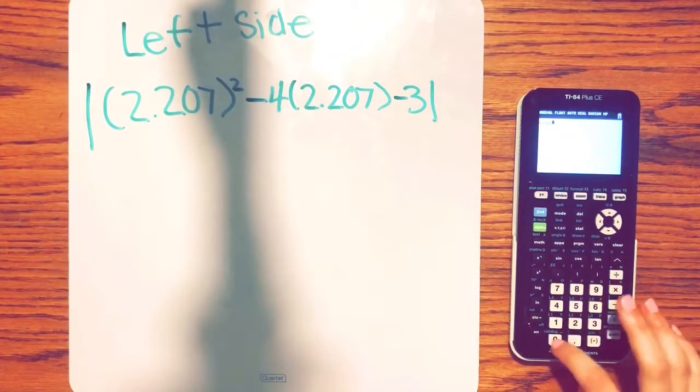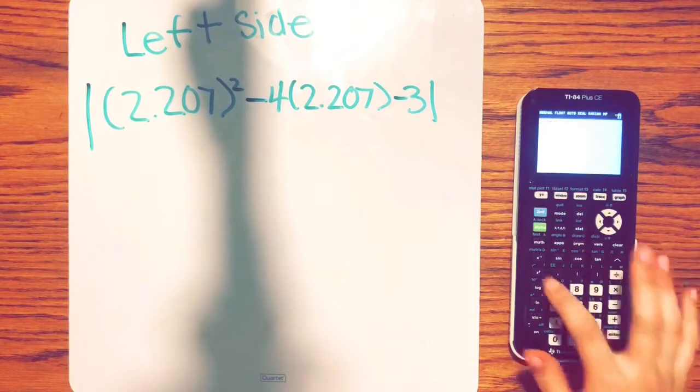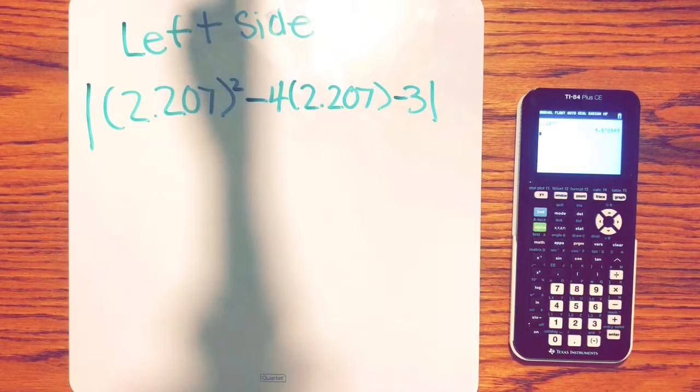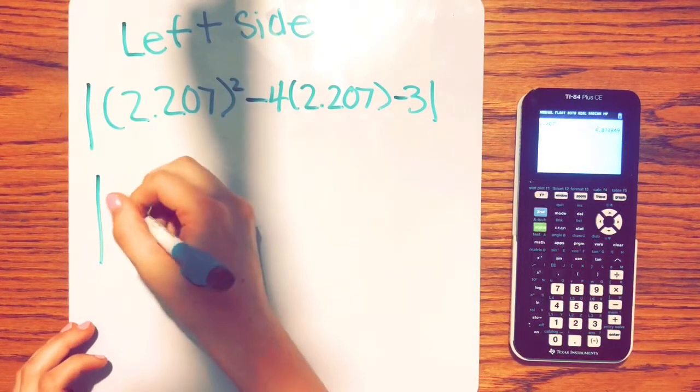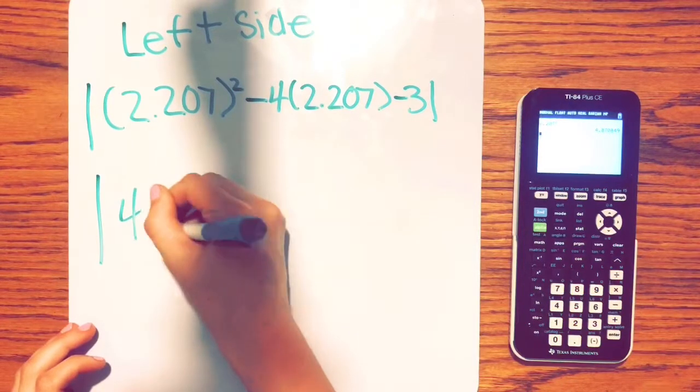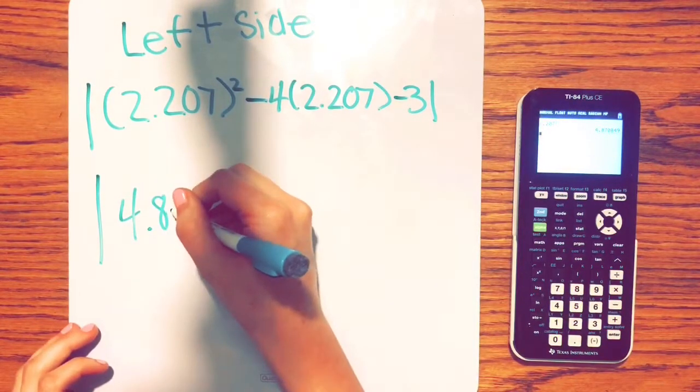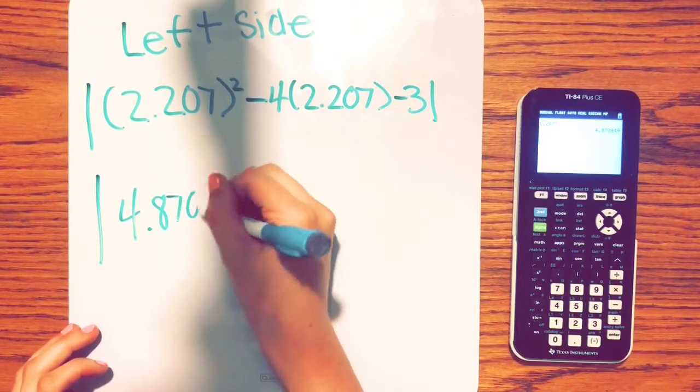If you enter the 2.207 squared into your calculator, you will end up with 4.87049. And if you enter the negative 4 times 2.207, you will end up with 8.828.